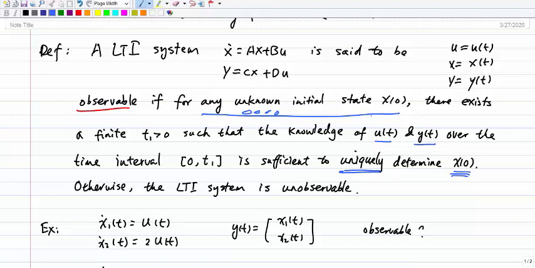Then it's called observable. If not, the linear time invariant system is not observable.